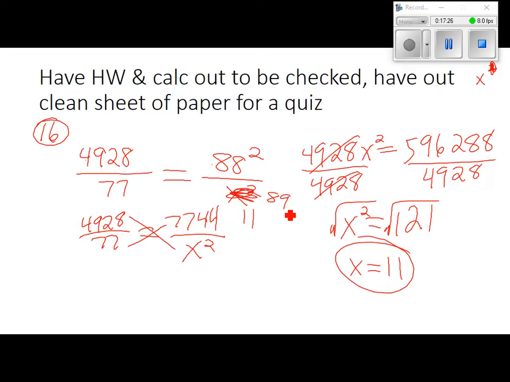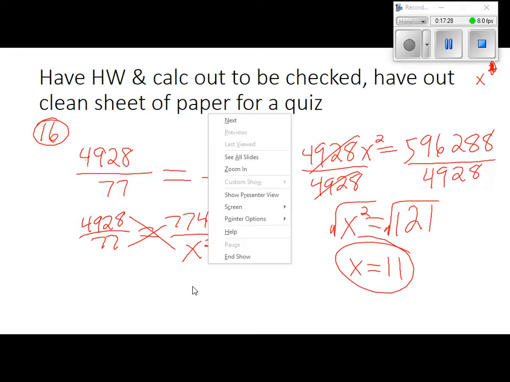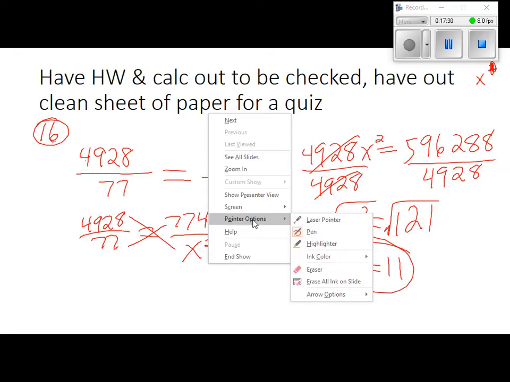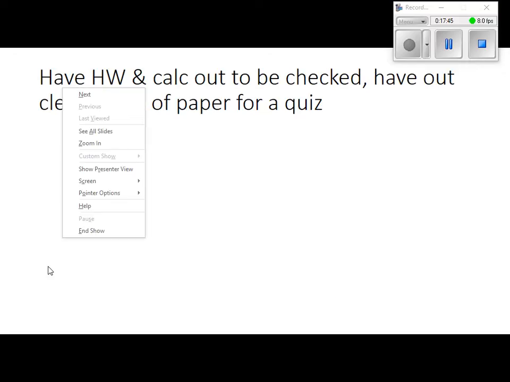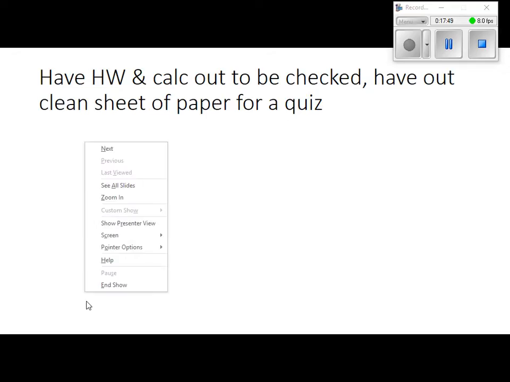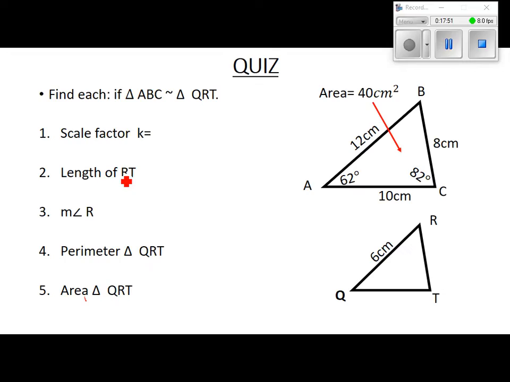Clean sheet of paper. You said if we get an 80% or higher. Nope, go away. Clean sheet of paper. I'm going to throw it in the trash because you should be focusing on something else right now. Five problems. You got about 5 minutes.